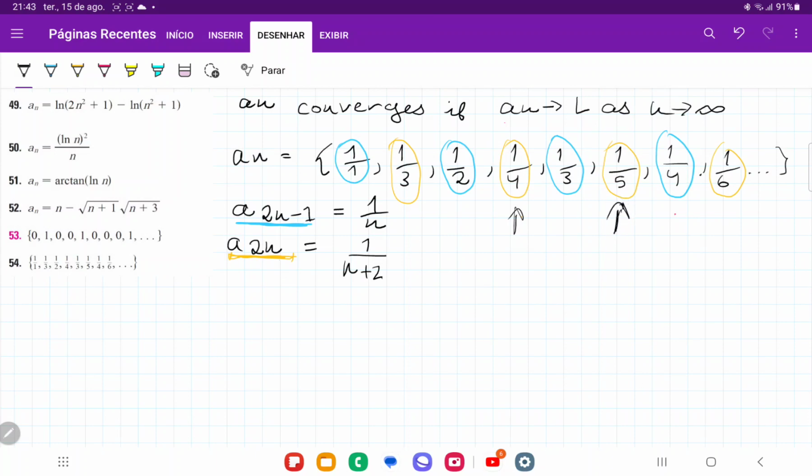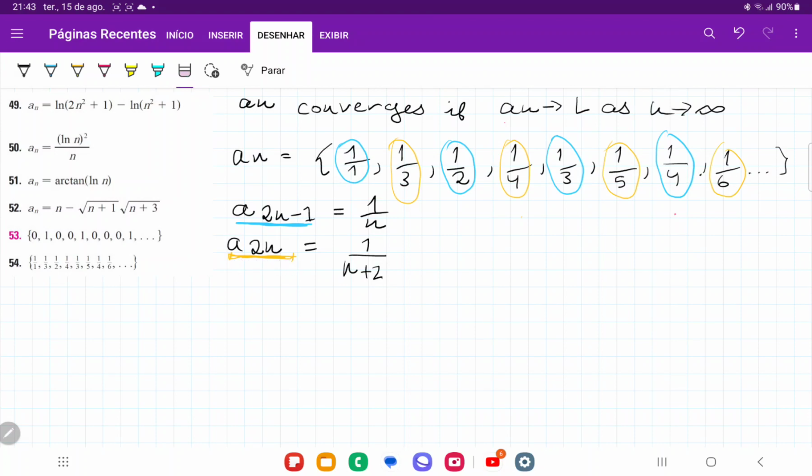If I'm at the third index for this even one, 3 plus 2 is 5. If I'm at the 4, 4 plus 2 is 6, and so on. So this clearly matches. And just to emphasize, the index here gives us the a1, a2, a3, a4, and so on, and on the right-hand side, it gives us the value of the sequence.